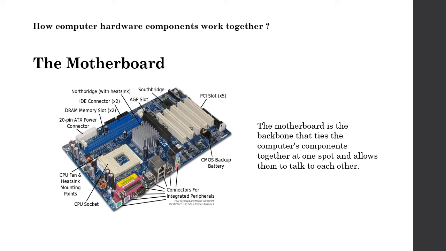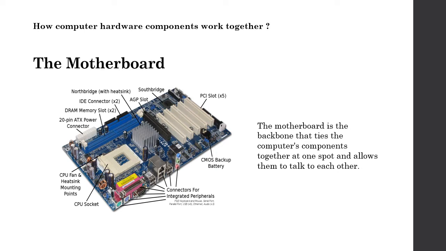This is a board with essential circuits printed on it that holds many of the computer's essential components. From that electrical circuit, the components receive power and they communicate. So the motherboard is the backbone that ties the computer components together at one spot and allows them to talk to each other.